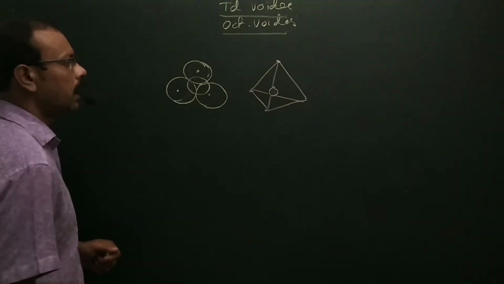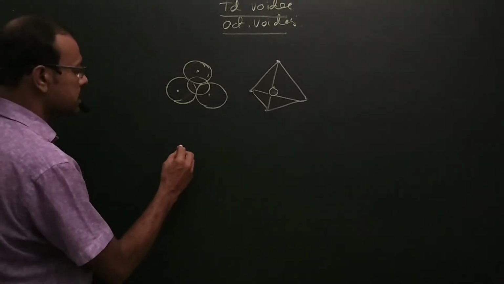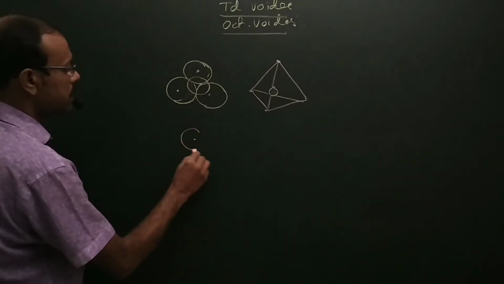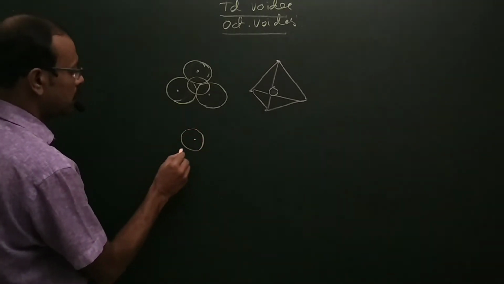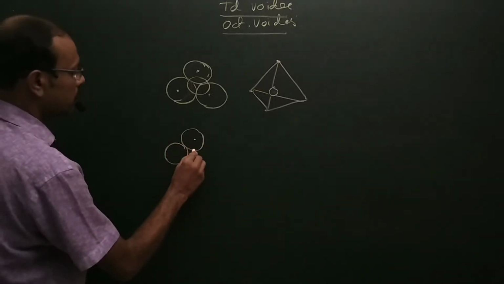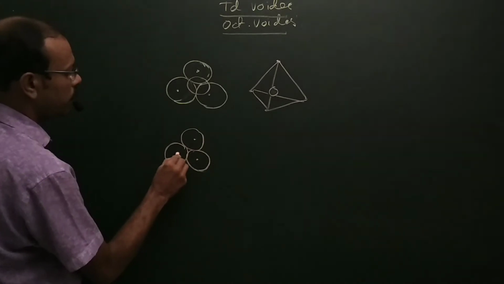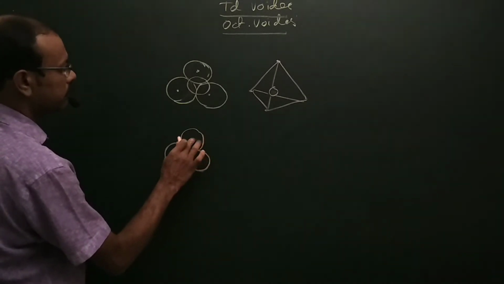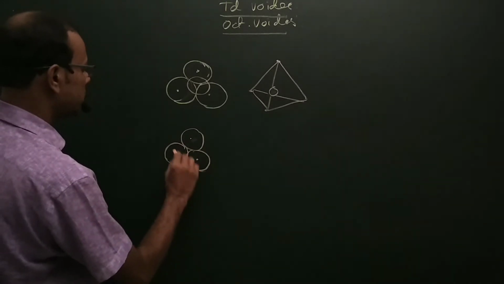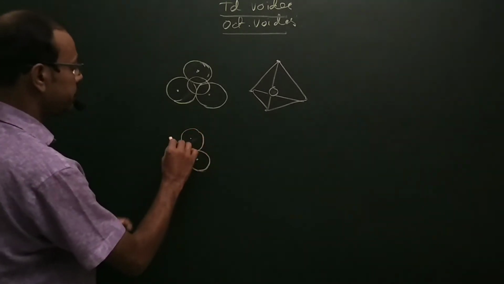Now we shall discuss octahedral voids. Octahedral voids are like this. You see, three spheres are touching each other, whose centers are at the vertices of a triangle, and we draw another inverted triangle over this.